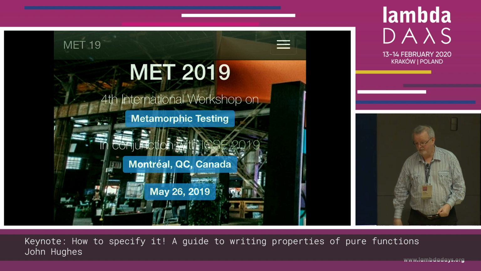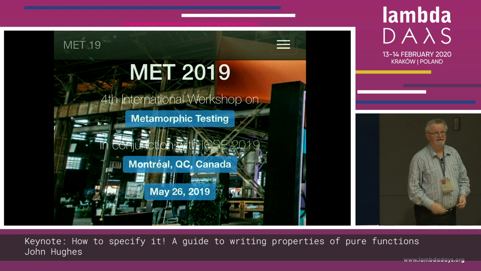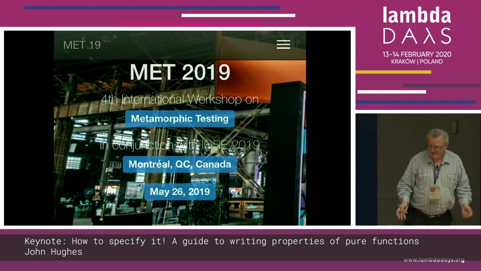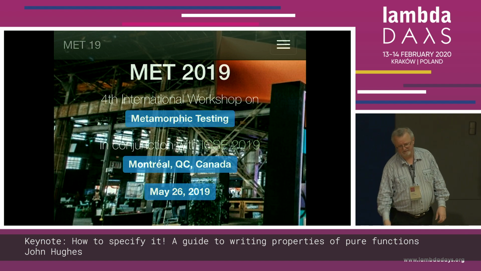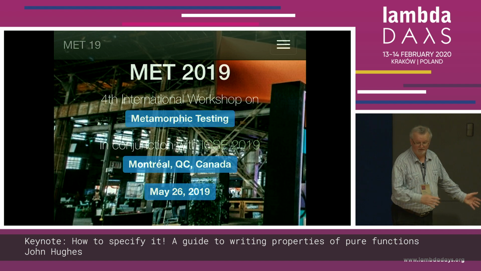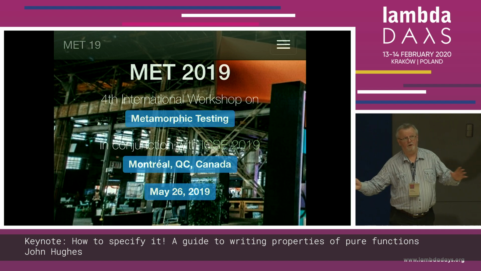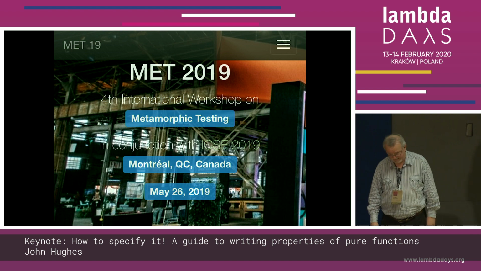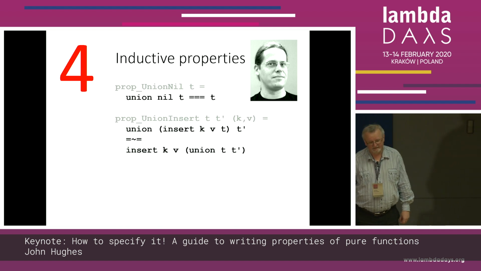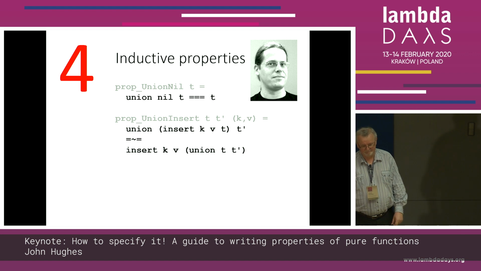That's called metamorphic testing in general, and it's an extremely useful technique. It's also a research area in its own right. There is an international workshop that runs every year on metamorphic testing with examples of applying it in all kinds of different contexts to all kinds of different software. And that runs together with the International Conference on Software Engineering. So it's a really, really useful idea.